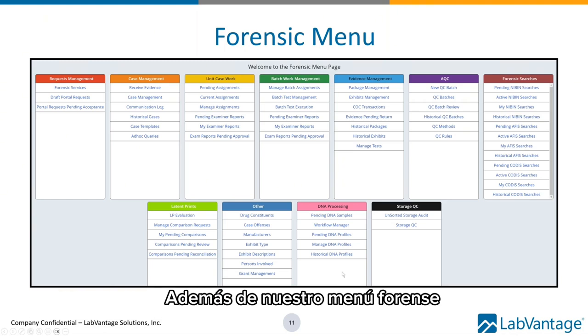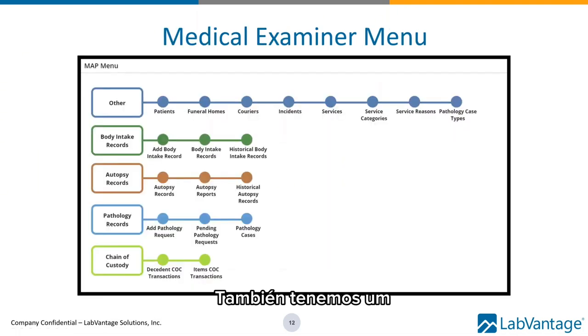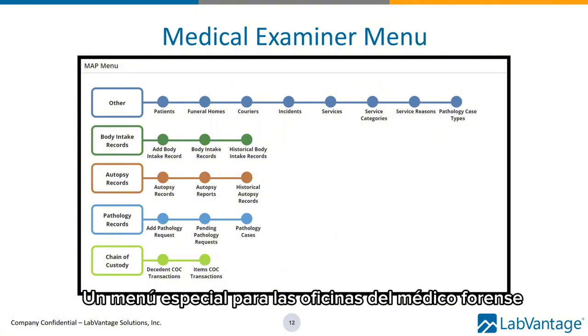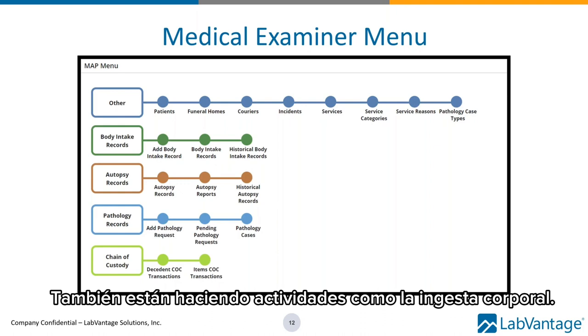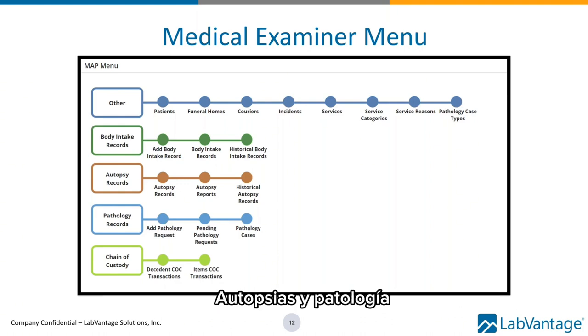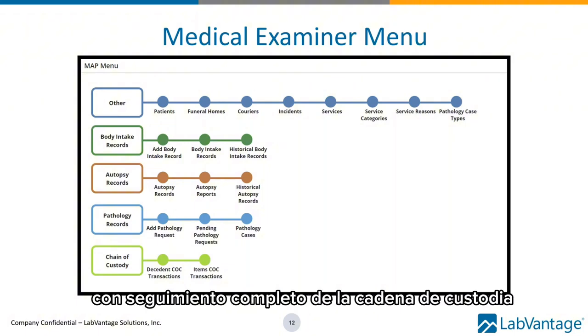In addition to our forensic menu, we also have a special menu for the medical examiner offices because they are dealing with the decedents or patients, maybe funeral homes. Also, they are doing activities such as body intake, autopsies, and pathology, and all of this in both systems with full chain of custody tracking.